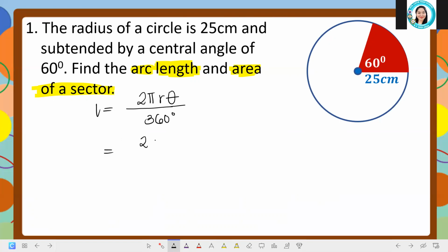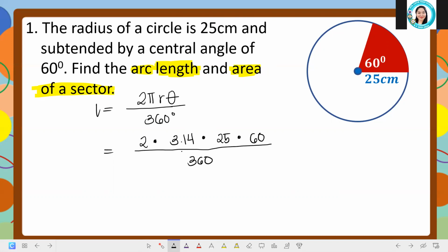So we have 2 times, let's use 3.14, that is the value of pi, and r is 25 times 60, divided by 360 degrees.